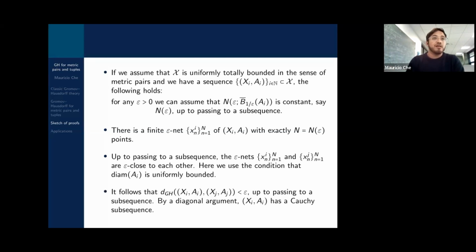So in this case, we don't get that the sequence converges, but what we get by considering epsilon nets is that the sequence is Cauchy. And since we have proved that the space of metric pairs is complete, then we get that this sequence is not only Cauchy, but it is convergent.